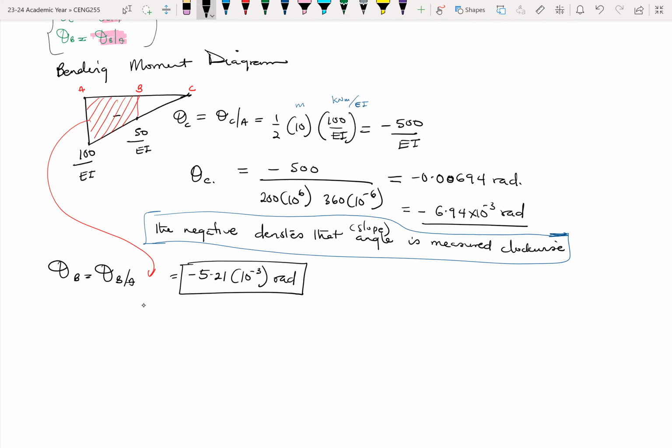So this is the answer. Right. There must be a negative sign in front of the half. All right, so put it there.